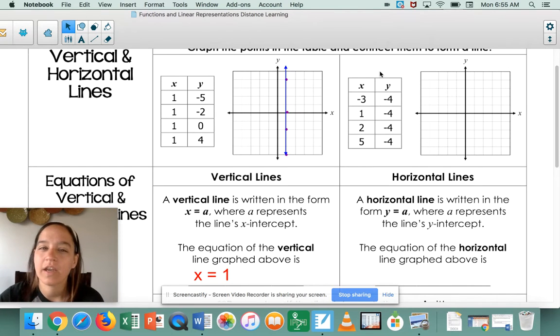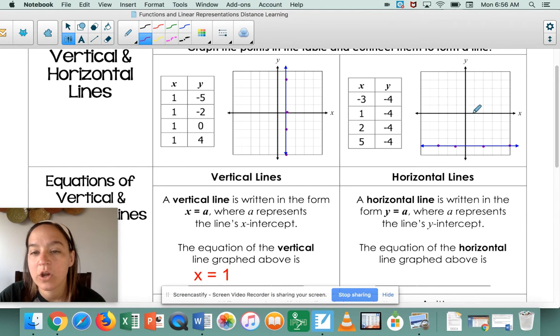So then you can kind of guess at what this next one's going to look like. And so if I look here and I'm just graphing, I go -3 and then down 4. And then I go over 1. Oh, I graphed the wrong point there. That should be somewhere else.